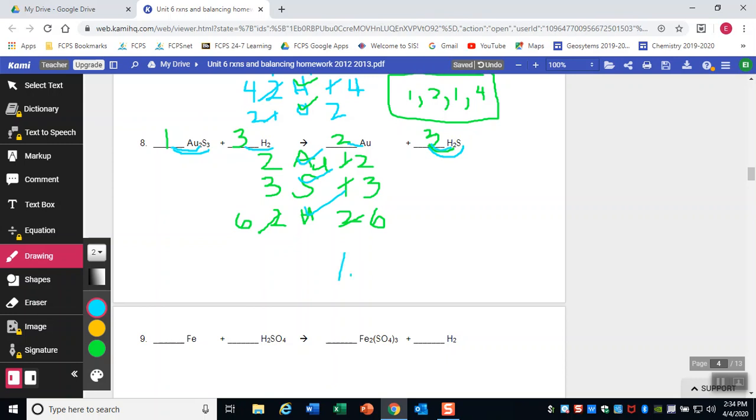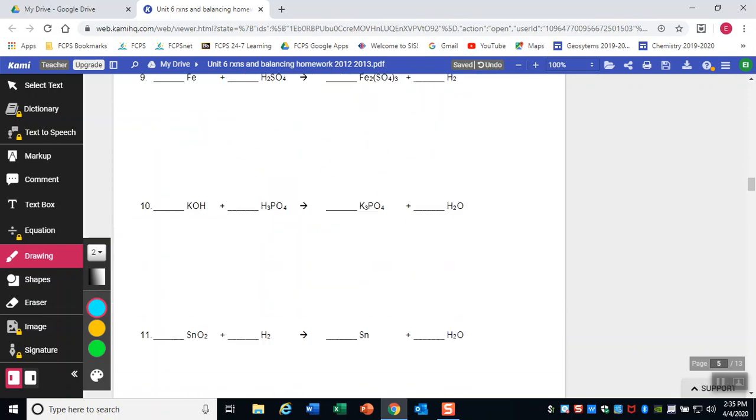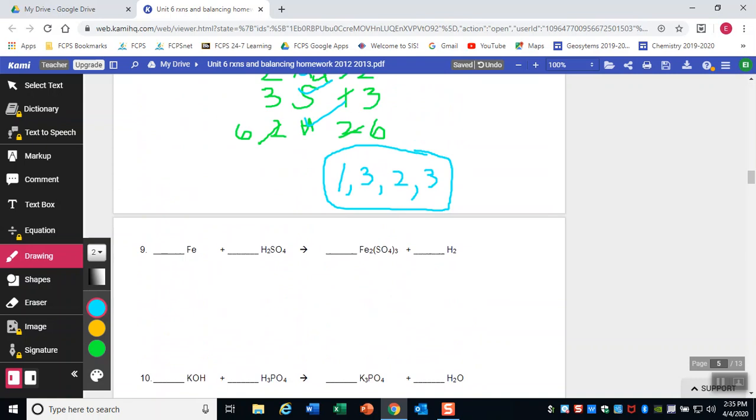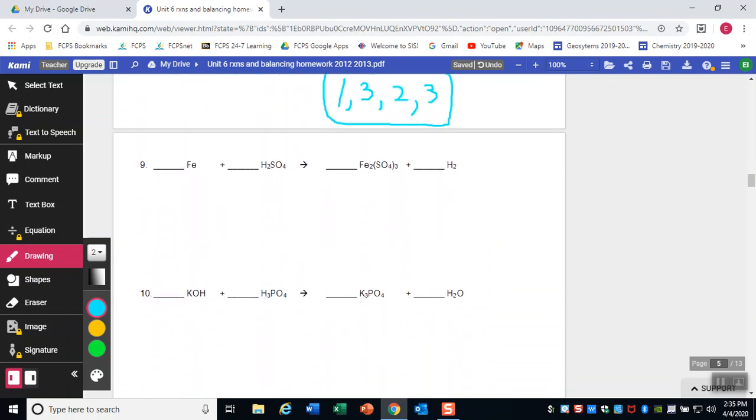All right, so the coefficients are 1, 3, 2, 3 for my balanced equation. All right, we will do one more and then you can do the rest on your own.